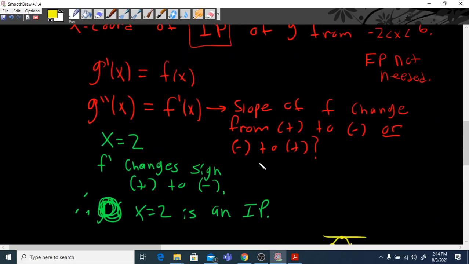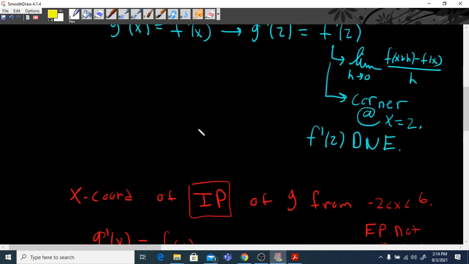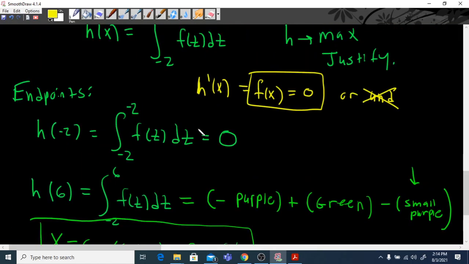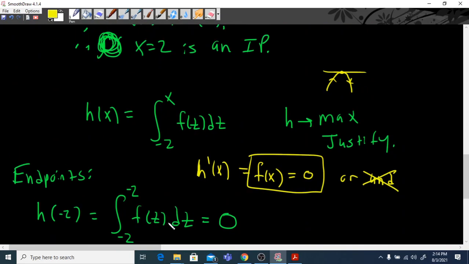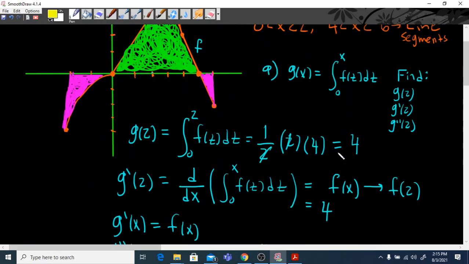So how do we find the y value of this thing? Well, we just have to plug in 5, but we have to plug in 5 to h. So h at 5 is going to be the integral from -2 to 5 of f(t) dt.